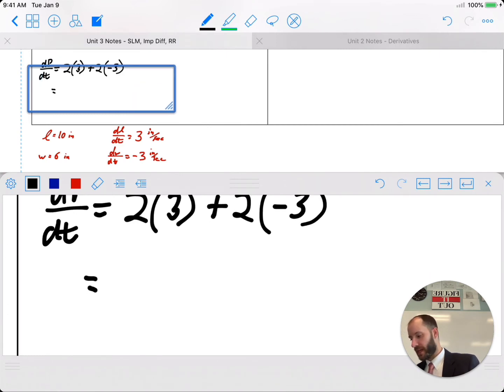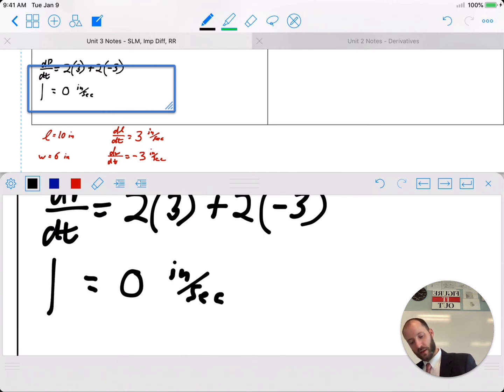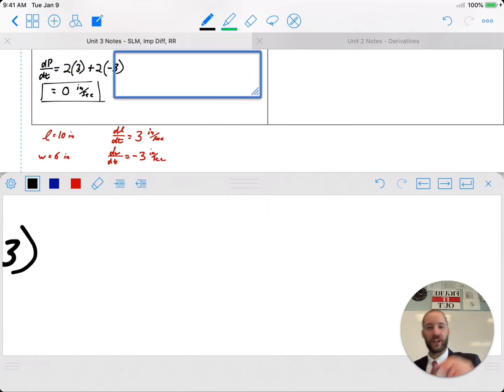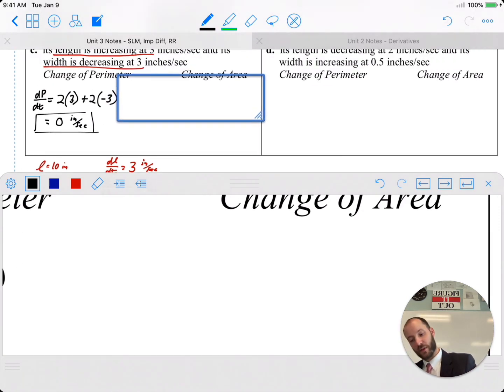So multiply and add, 0 inches per second, which, when you think about it, kind of makes sense. The length increasing 3, the width decreasing at 3. So overall, no change in perimeter. The two lengths are increasing at the same rate that the two widths are decreasing. So you have a net 0 change.